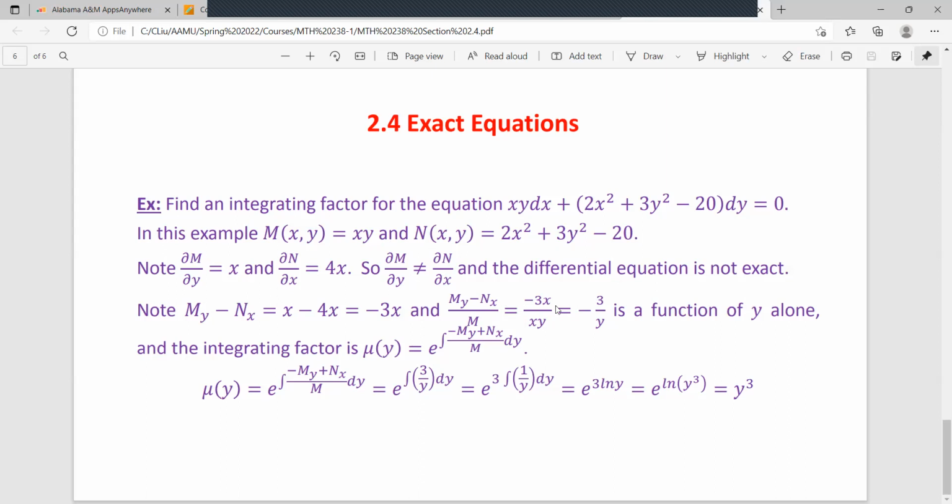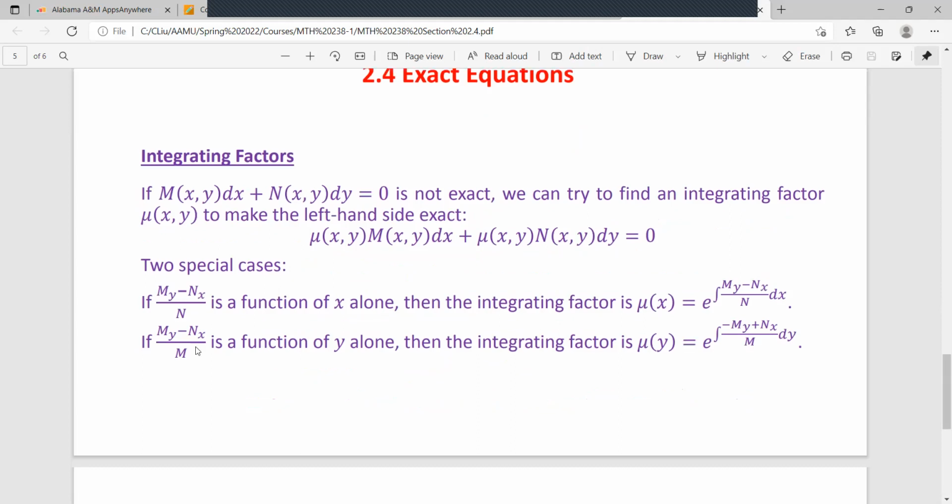And you can easily check if you divide partial M partial y minus partial M partial x by N, it will not be a function of x only, if you divide by this function, 2x squared plus 3y squared minus 20, obviously. So that doesn't fit the first case, but it does fit in the second case.